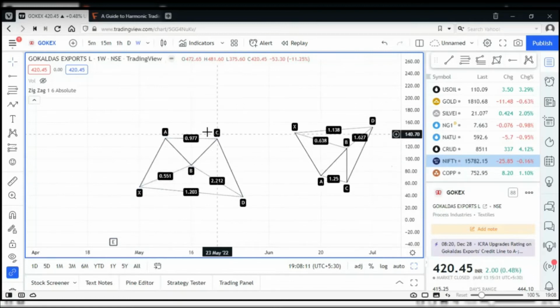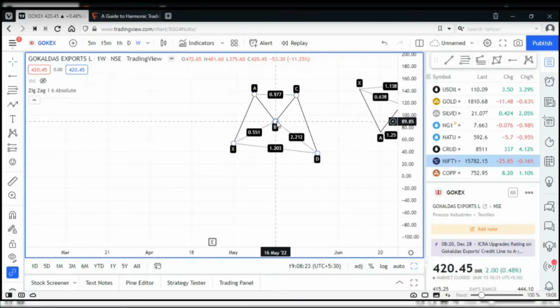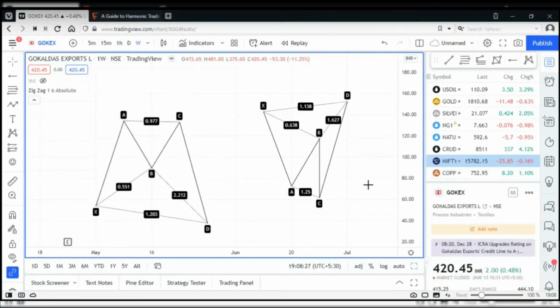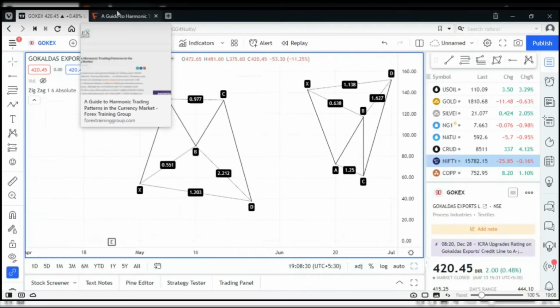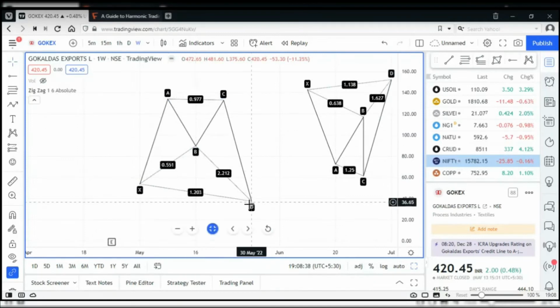Whenever we find values like 0.551, 0.997, 2.212, 1.203, what are these values? These are the Fibonacci values. Based on these values, we're going to find our D point.